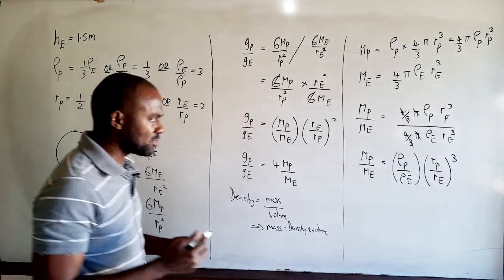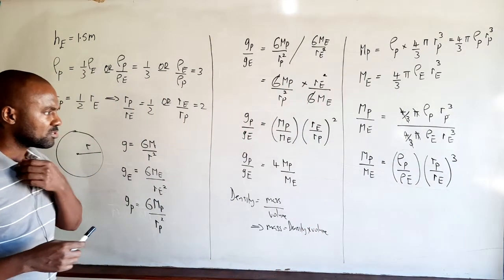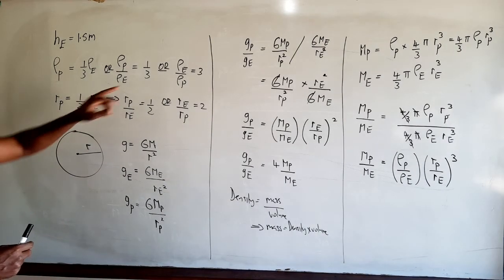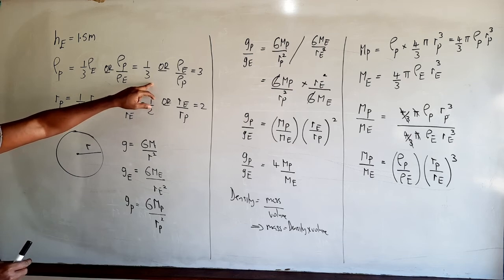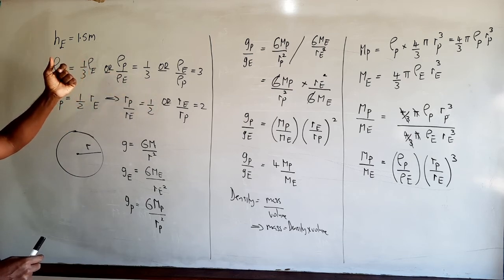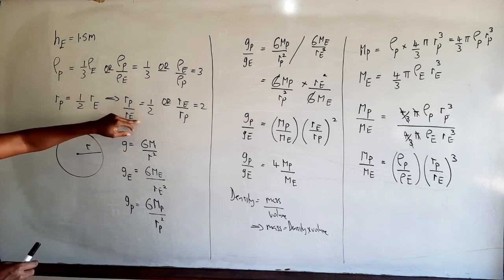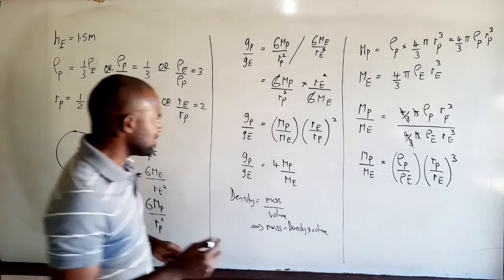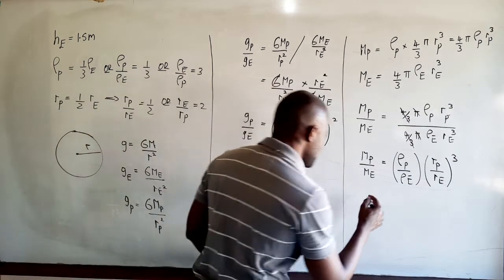And by now, of course, we should have these ratios. So from before, we know that rho p over rho e is equal to 1/3, and we also know that rp over re is equal to 1/2.